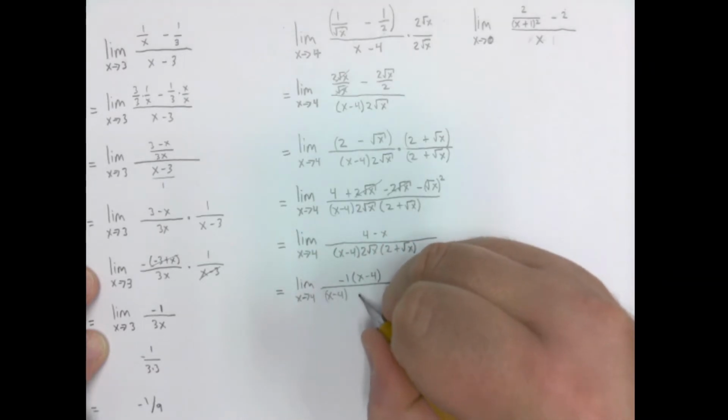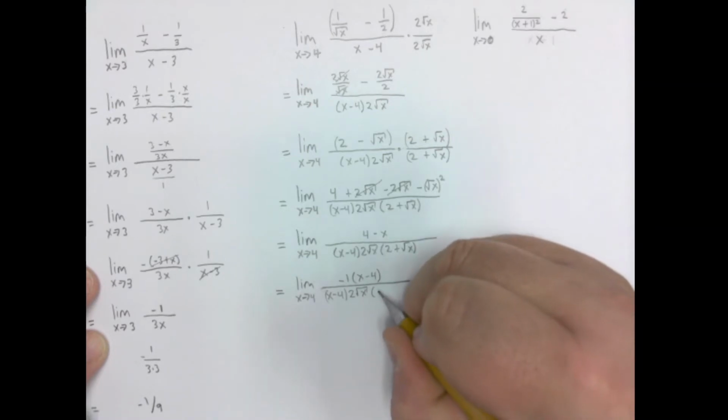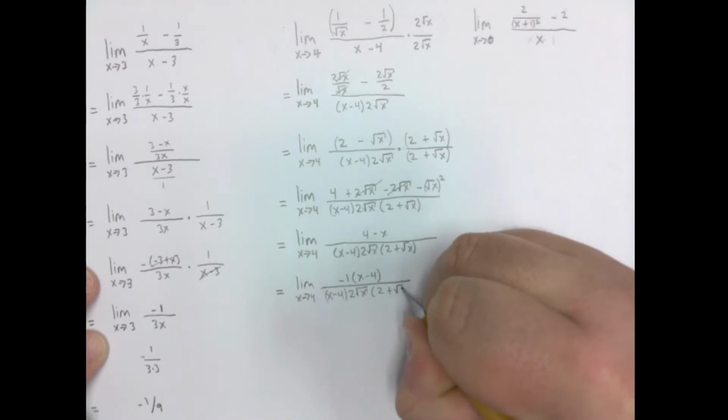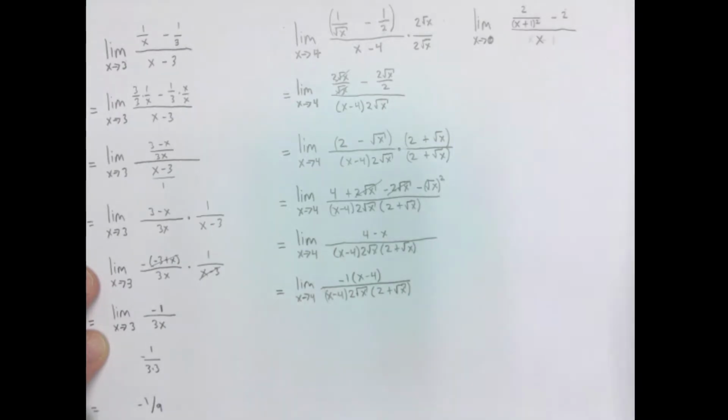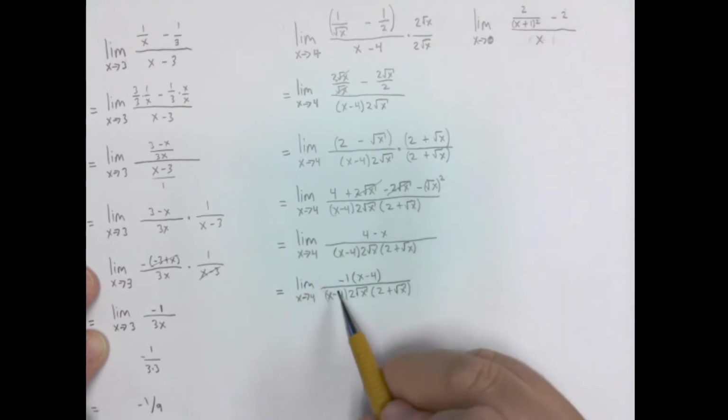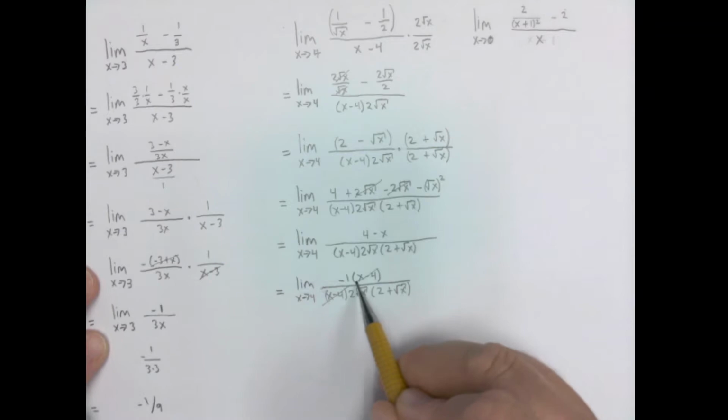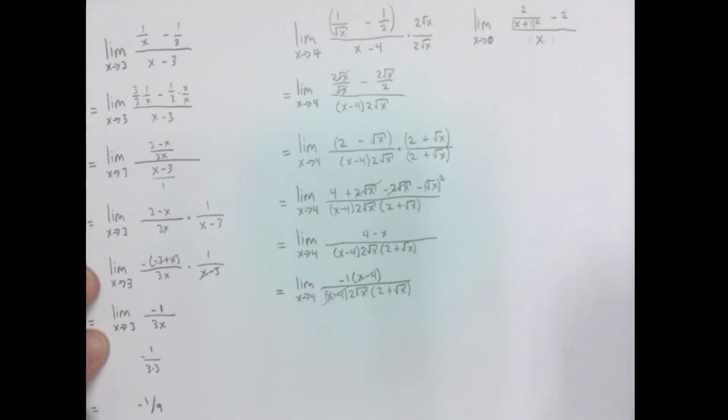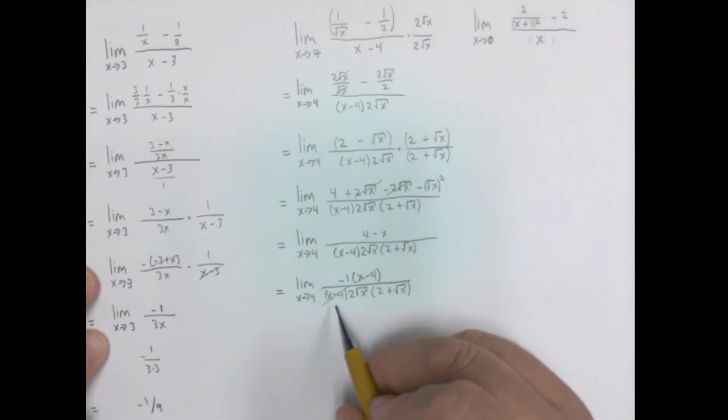Then we have 2 square roots of x times 2 plus the square root of x. And now we see we have the long sought after cancellation, which gets rid of the x minus 4 factor on the denominator, which was causing us all of that grief.